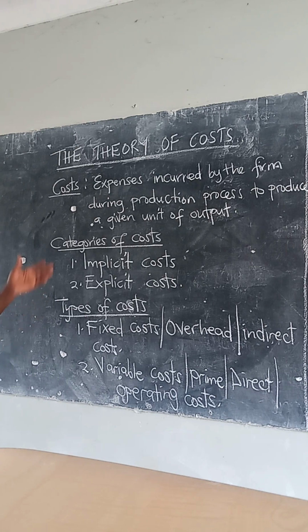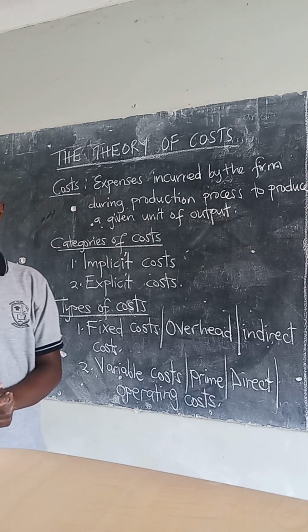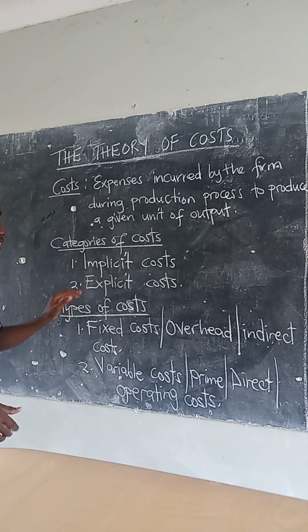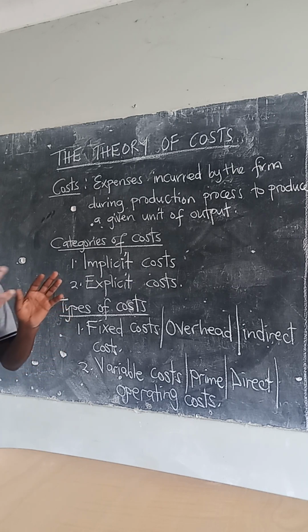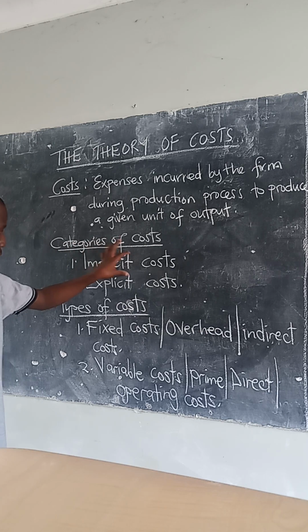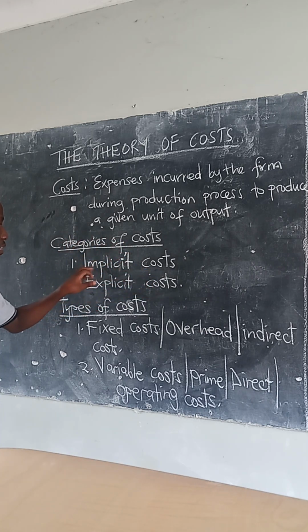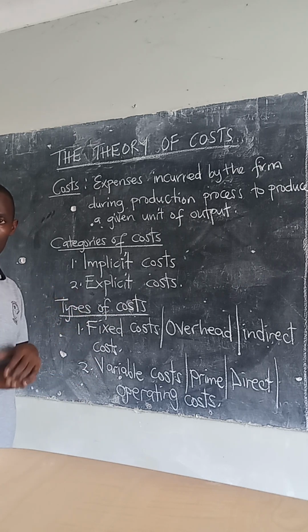Now, costs are categorized. We have the implicit costs and the explicit costs. All other types of costs will come from these two categories. Well, with the implicit costs, just from the name implicit, these are self-owned expenses.